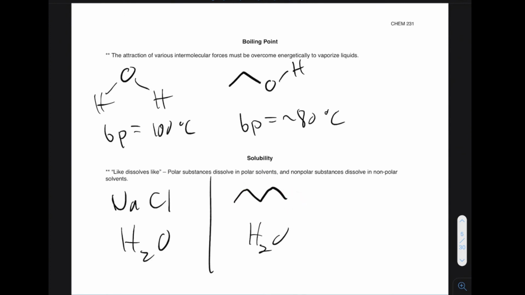So that's why even if you try to drop oil into water, those oil molecules are going to end up sticking together and form almost like little oil puddles on the water surface, because of that difference in the intermolecular forces holding these two different types of molecules together.